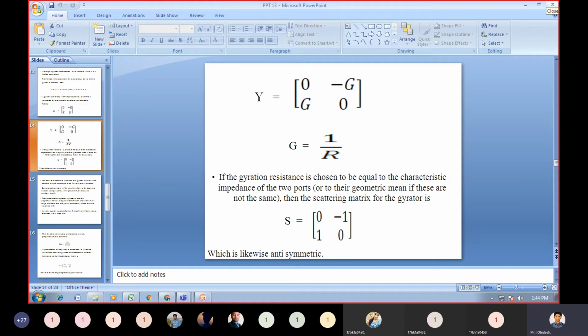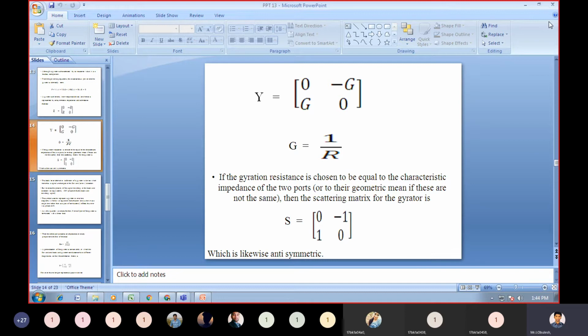This anti-symmetric S leads to an alternate definition of a gyrator.